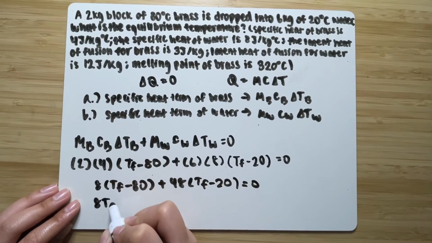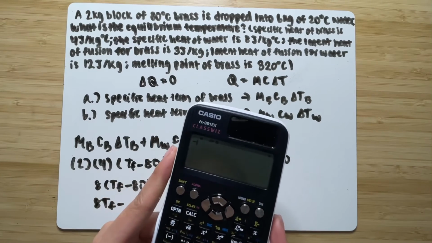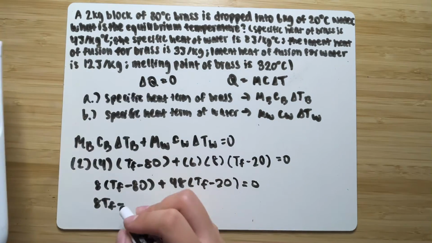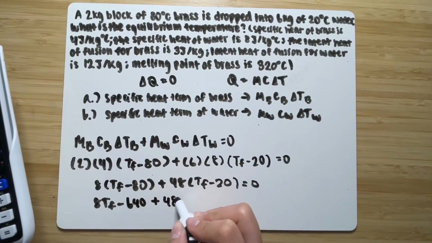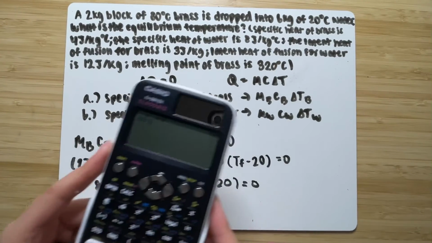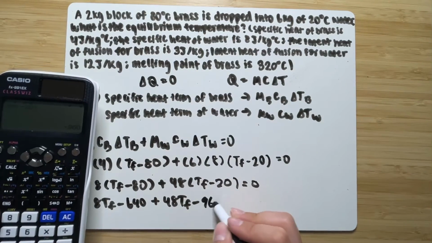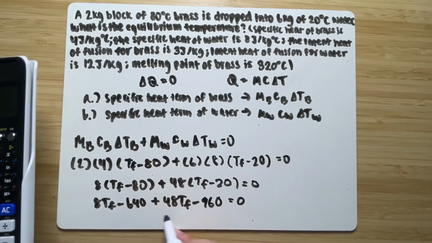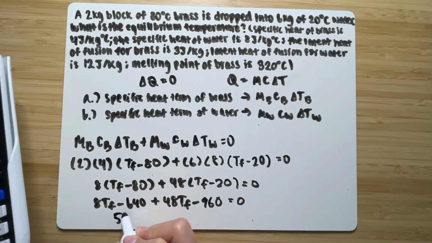So we have 8 T sub f minus 8 times negative 80, which is negative 640, plus 48 T sub f, 48 times negative 20, you get 960, equals 0. So you have 8 plus 48, which is 56.